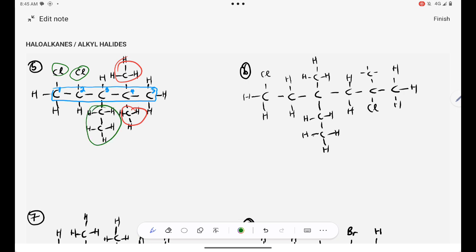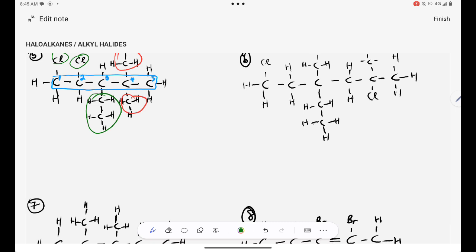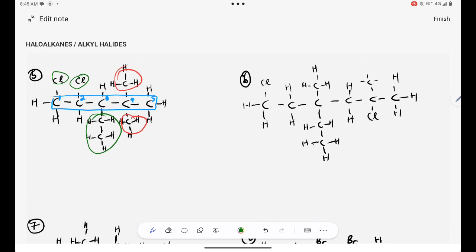I need to mention them in an alphabetical order. So chloro should appear before ethyl. So I'll simply say at carbon number 1 and 2, I have my chloro. And then at carbon number 3, I have an ethyl. And then at carbon number 4, I have dimethyl.